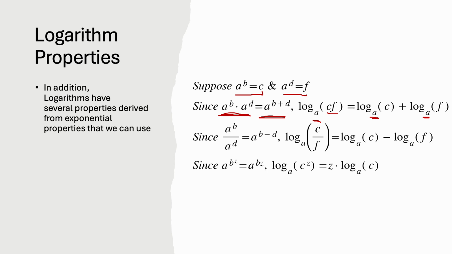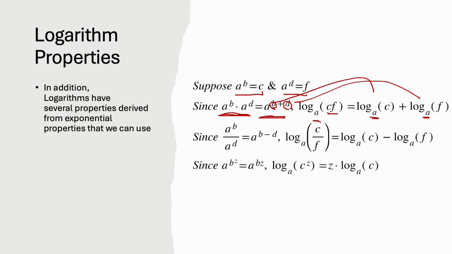And so what you really got to think of is that each of these log values represents an exponent. So b right here is going to be represented by log base a of c. And d is going to be represented by log base a of f, because a to the b is equal to c and a to the d is equal to f.